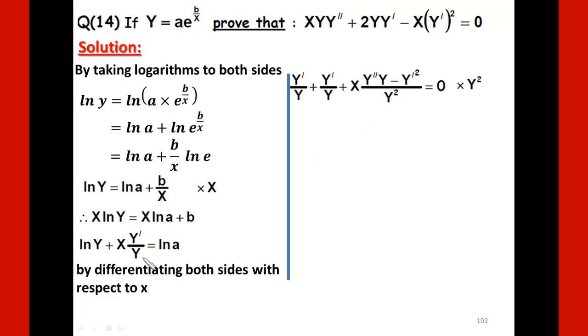Again, to make a derivative for this fraction, we use the quotient rule. In the denominator, we have y square.